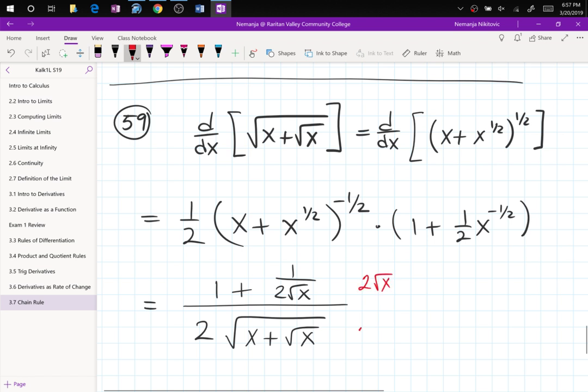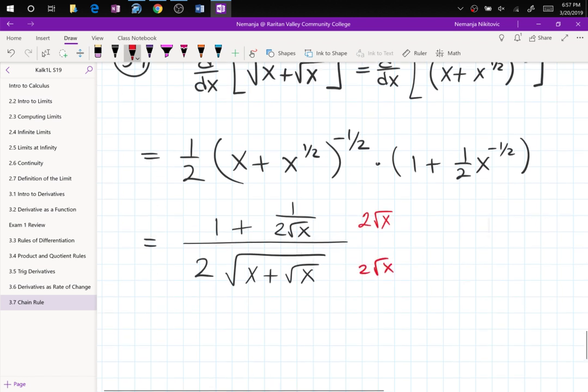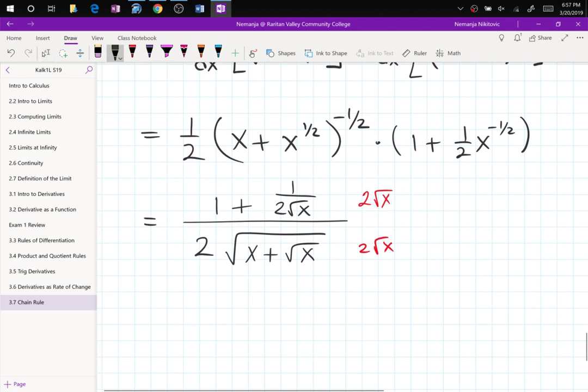Well, because you do 2 root x on both. Yes, to double fraction. So I have 2 root x plus 1, right? The first one multiplies, the second one cancels. Divided by 2 times 2 is 4. And under the radical, this becomes x squared plus x root x.